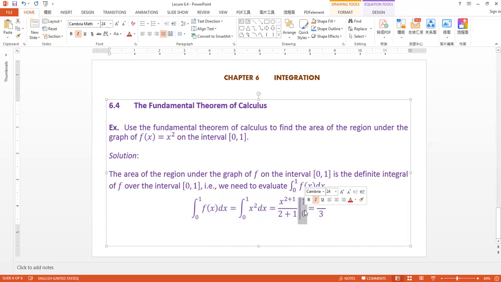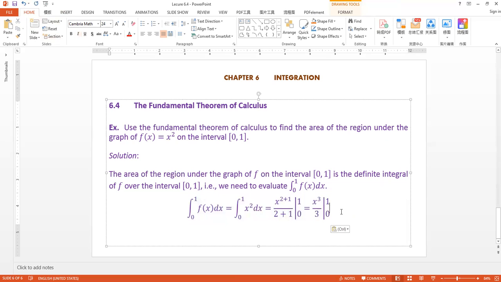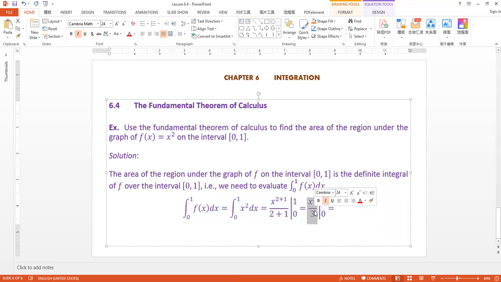And then we just evaluate that function at 1 and 0, and subtract. So you just plug in 1 for x and evaluate this function, and plug in 0 for x in this function, and then subtract them.